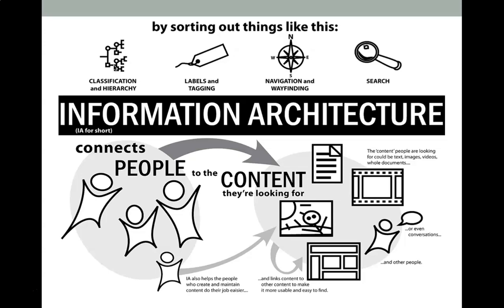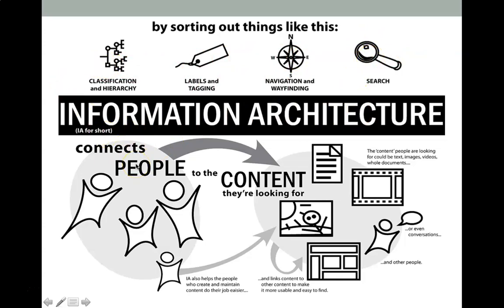So the hierarchy and classification of your website, and you would have studied this in many other subjects in web media as well, including HCI and indeed some of the IT subjects. It includes labeling, tagging, navigation and wayfinding, searching. So these are things that information architecture includes.